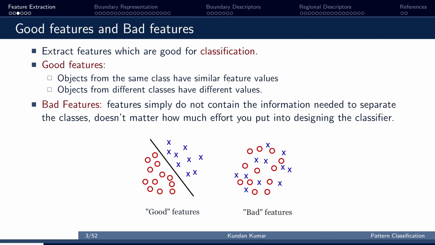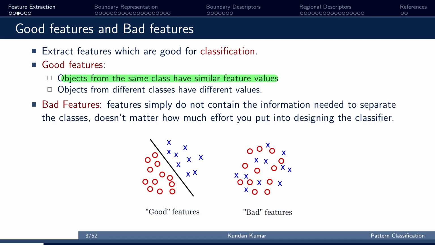But there are some characteristics that tell whether features are good or bad. Usually we look for features having the separability characteristic. We can say that a feature is good if objects from the same class have similar feature values.